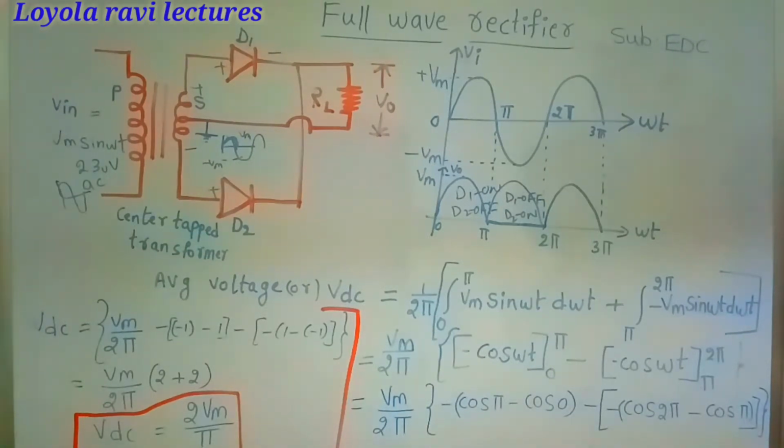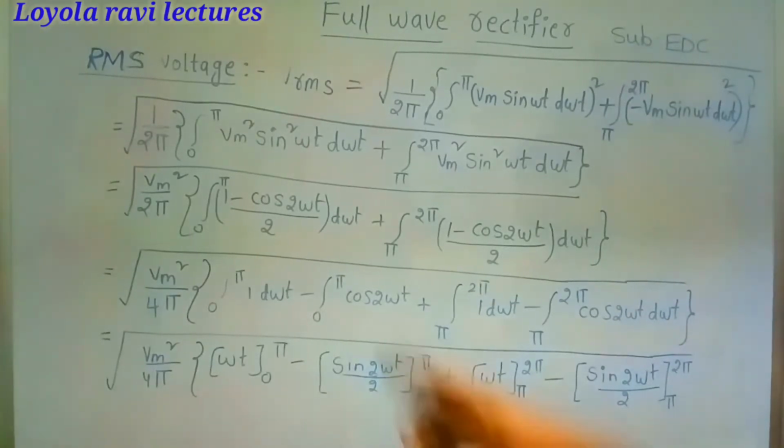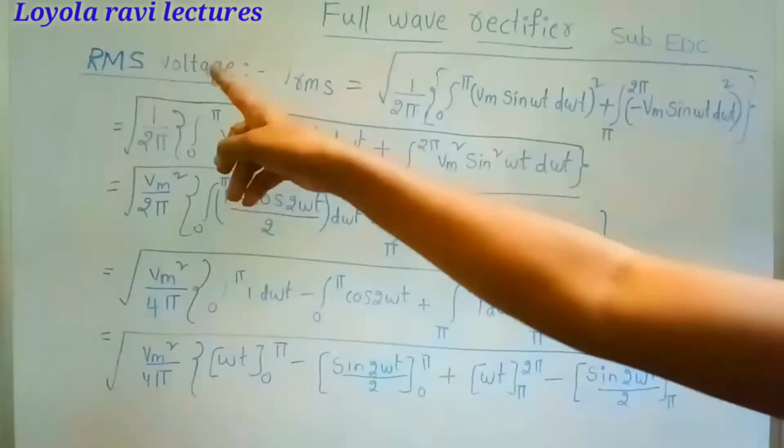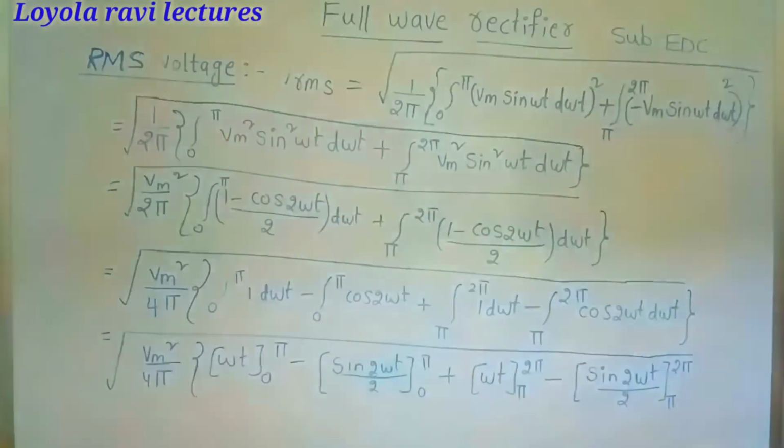Similarly, we have to find VRMS. After getting VDC as 2 Vm by pi, then go to the RMS voltage. That is nothing but VRMS. Here VRMS is the root mean square value of the output.